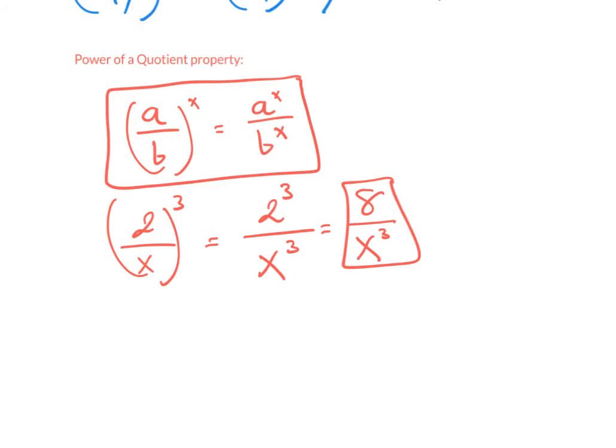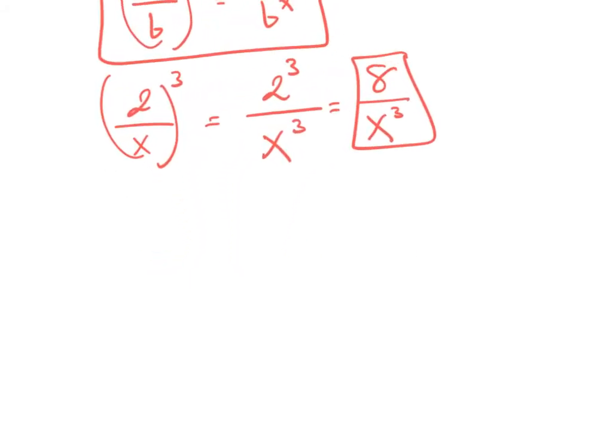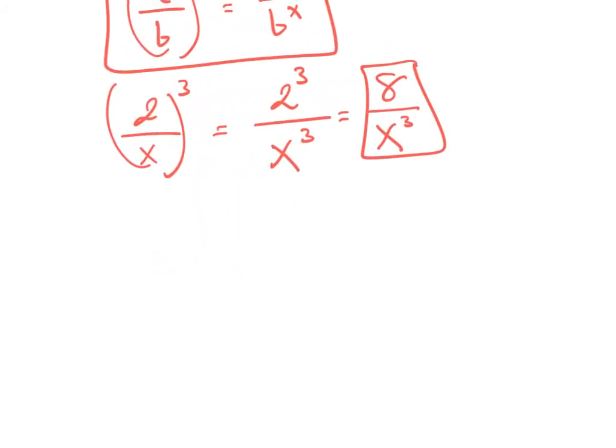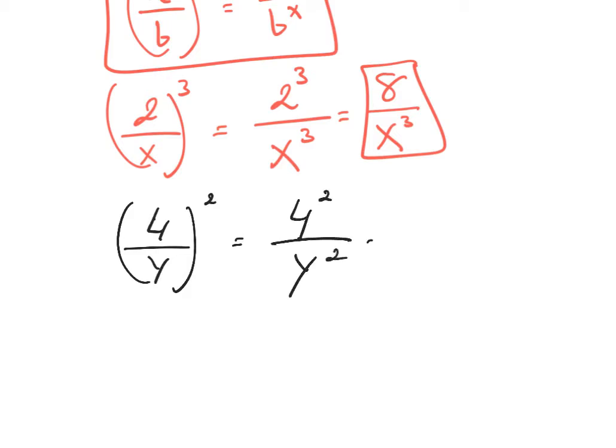All right, let's take another one here. Let's suppose I have (4 over y) squared. That's going to be 4 squared over y squared, which is going to be 16 over y squared.